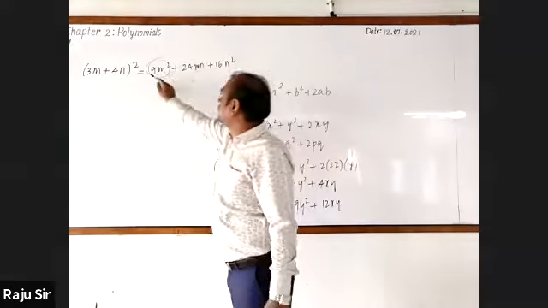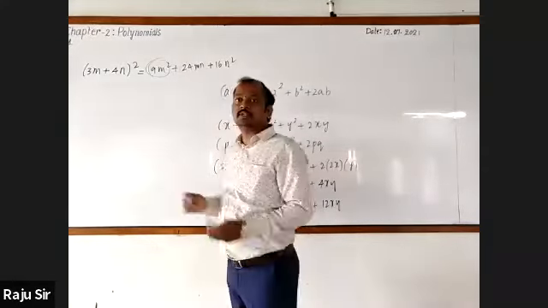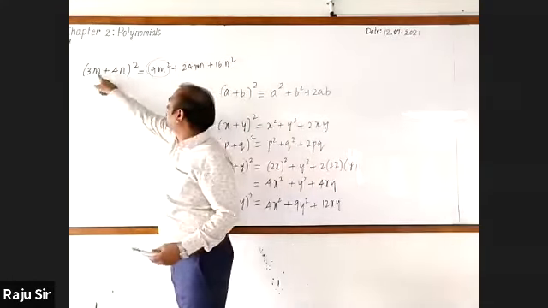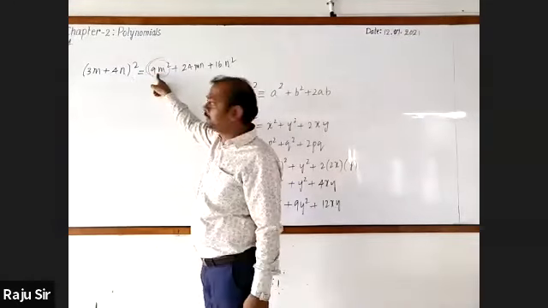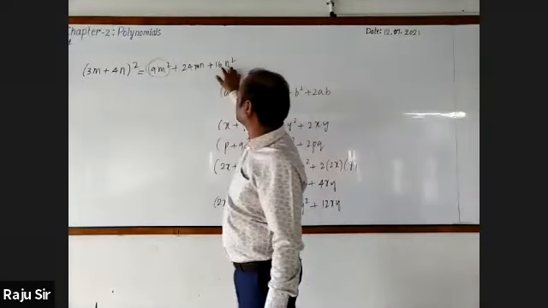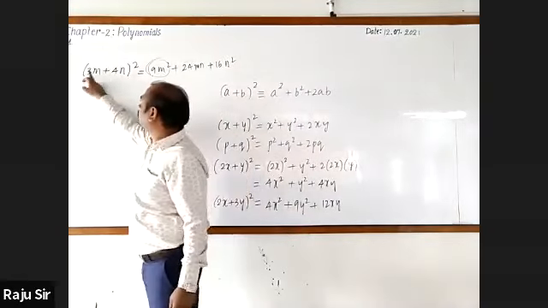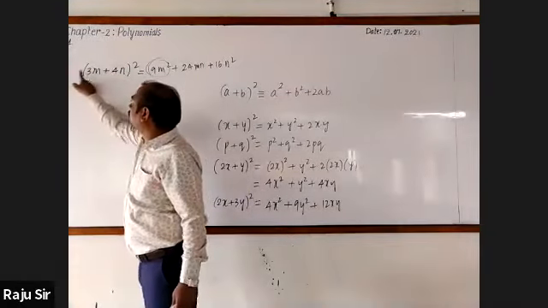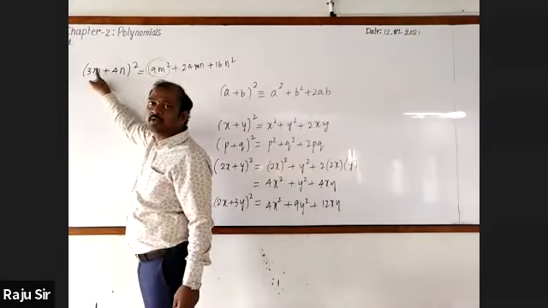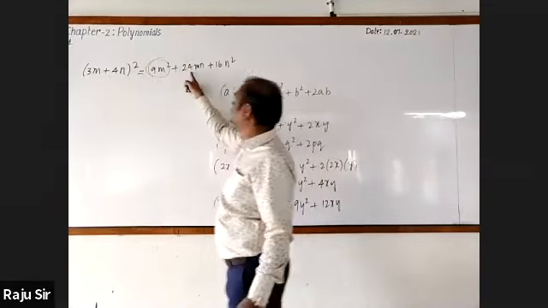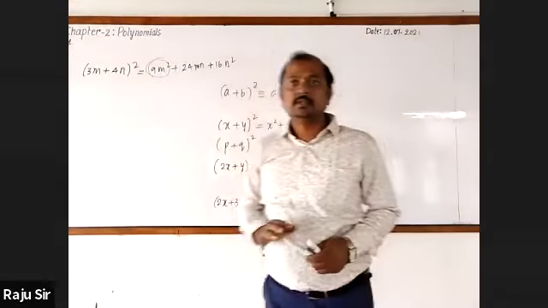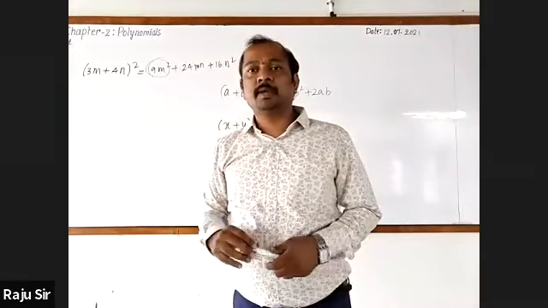You may also use a square plus b square plus 2ab. Both are same. (3m) whole square is 9m square. (4n) whole square is 16n square. 2ab: 2 into 3m into 4n. 2 3s are 6, 6 4s are 24, into m into n. So it is 24mn. This is a simple way of expanding.